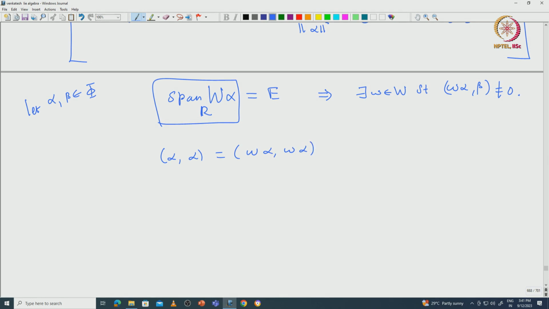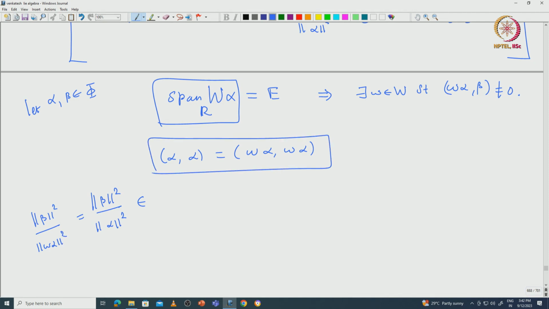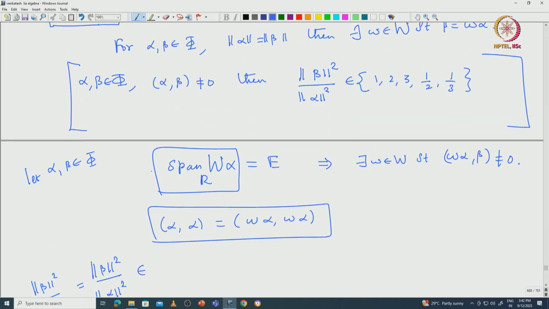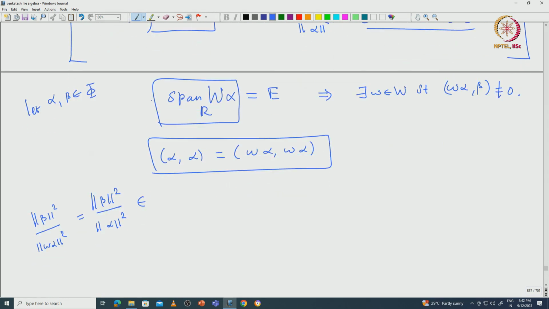Now, if you think about the ratio norm beta square divided by norm alpha square, we already observed that this is the same as norm beta square divided by norm w alpha square. This ratio must be either 1, 2, 3 or 1 by 2, 1 by 3 whenever the inner product of w alpha and beta is non-zero.